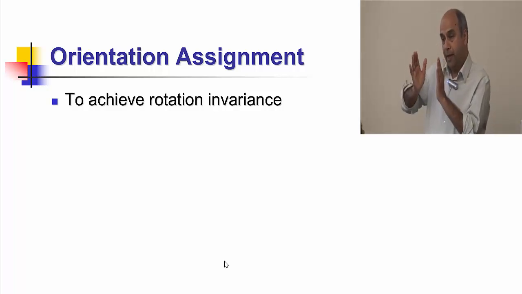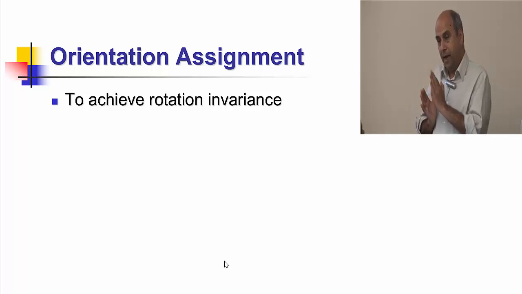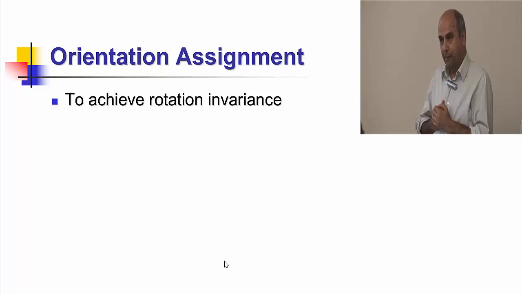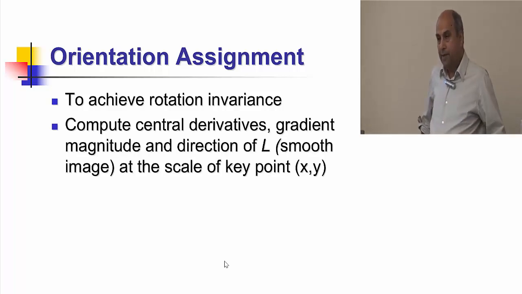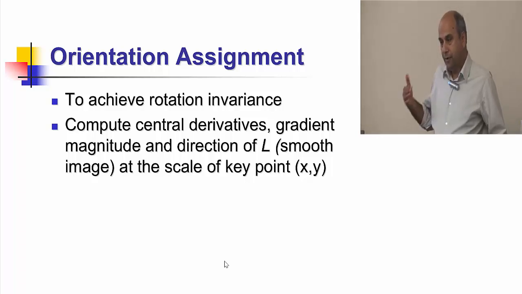Even if the image is rotated, since we are normalizing with respect to the dominating orientation, we will not have a problem. So what we are going to do is take this D or L, which is difference of Gaussian or Laplacian of Gaussian, whichever you call it.